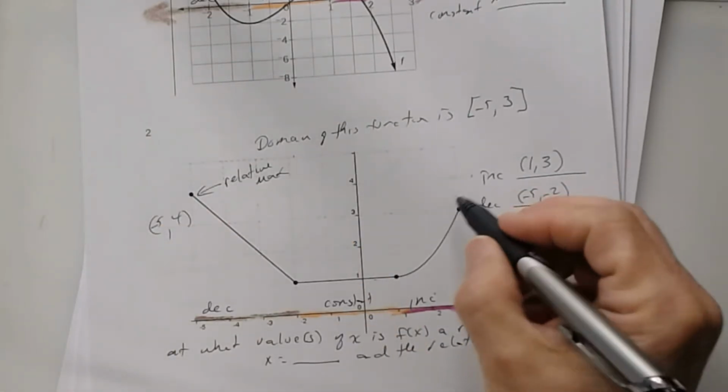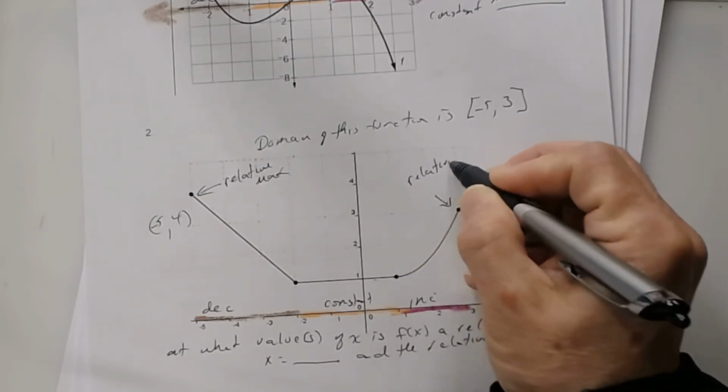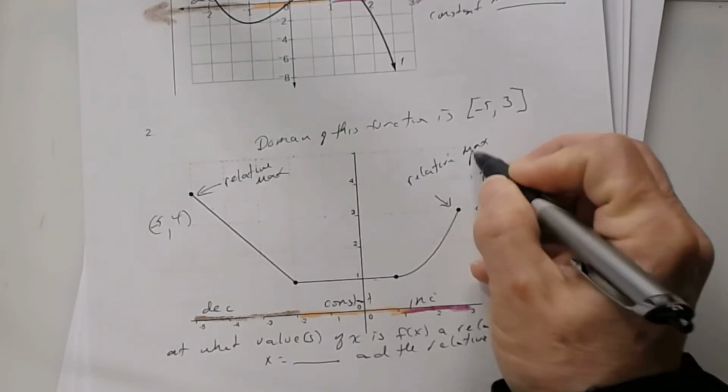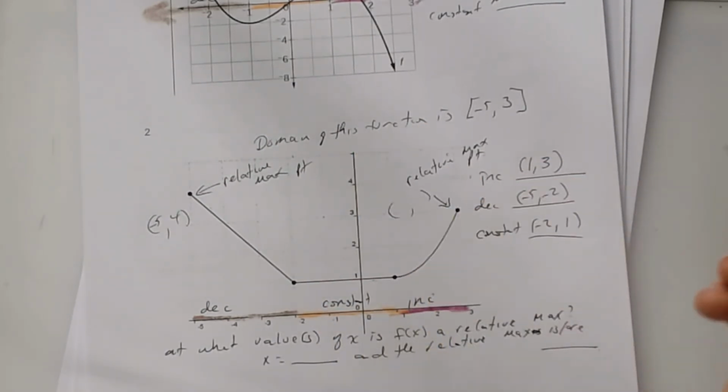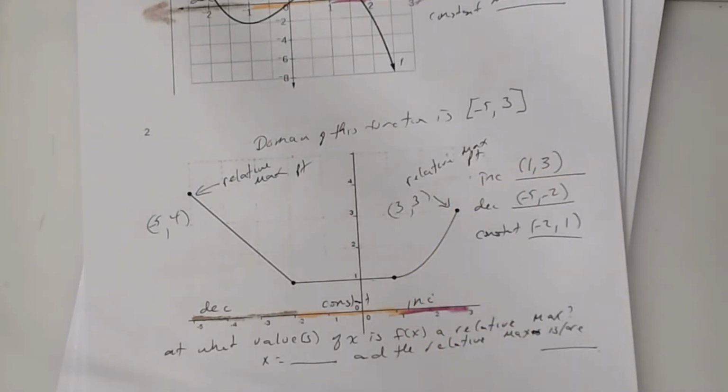And then here's the other one. Relative max. I should say point. And what is that point? 3, 3. Okay. So there are 2 relative maximum points. One's actually an absolute. But you have to know that.